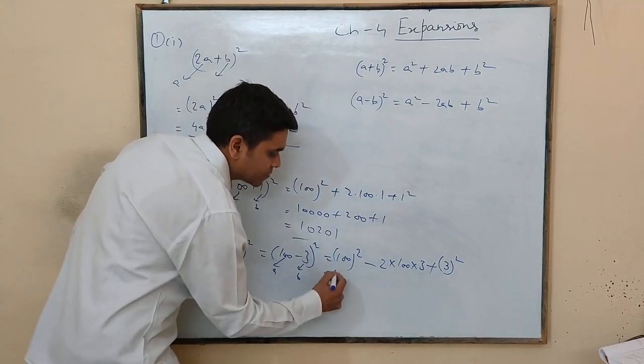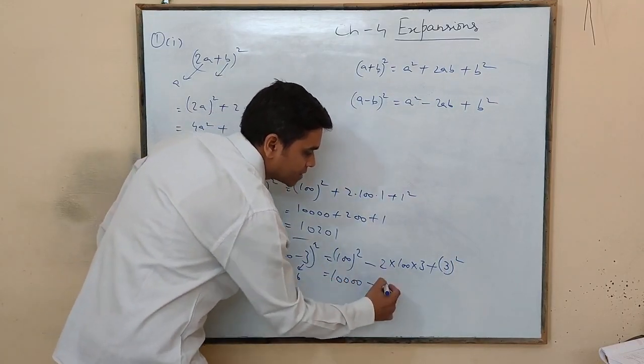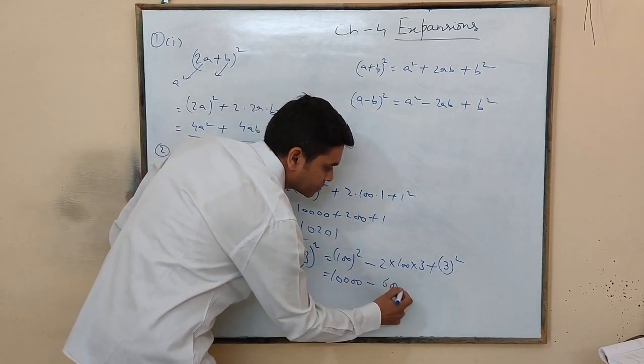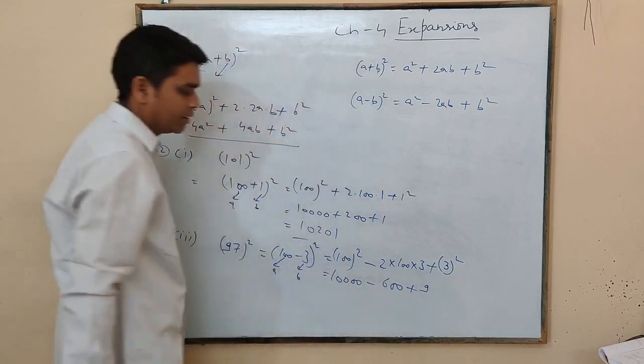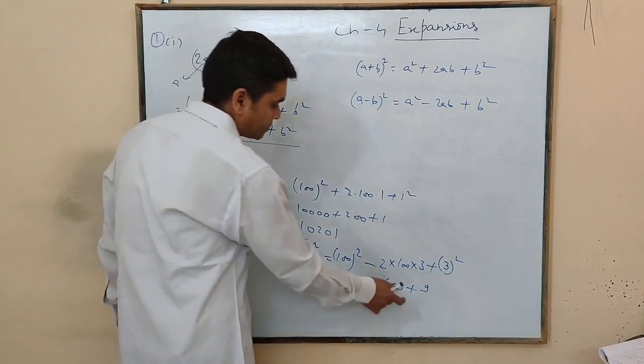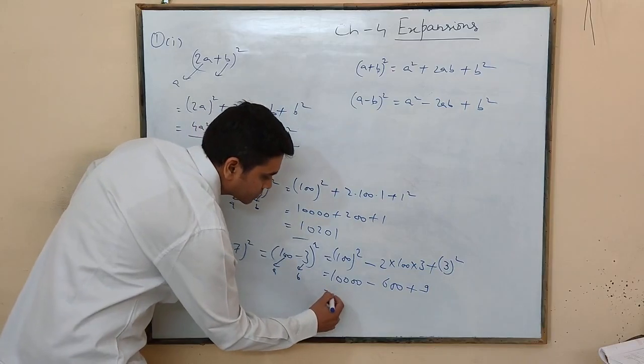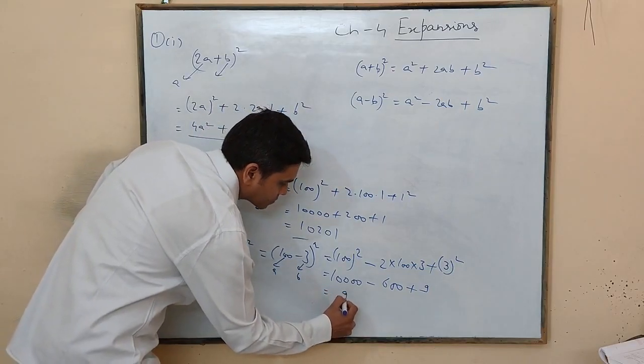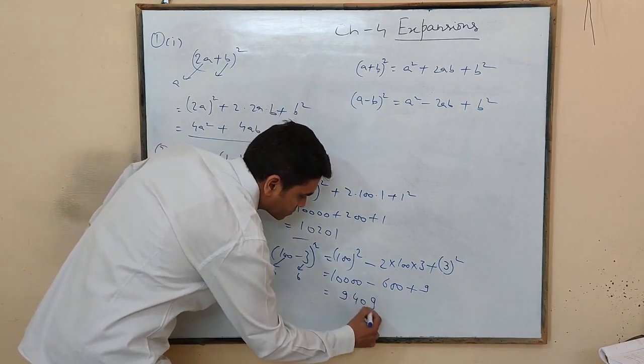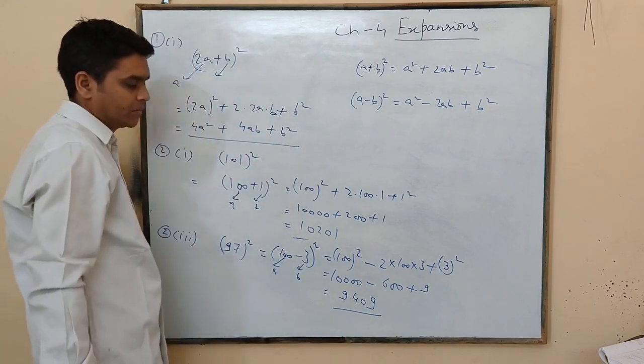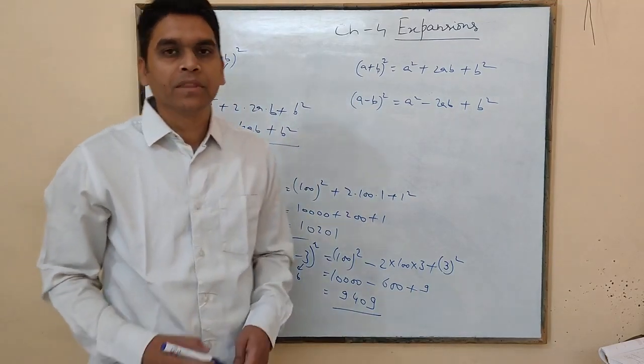The square of 100 is 10,000, minus 600, plus 9. So this is 9,409.